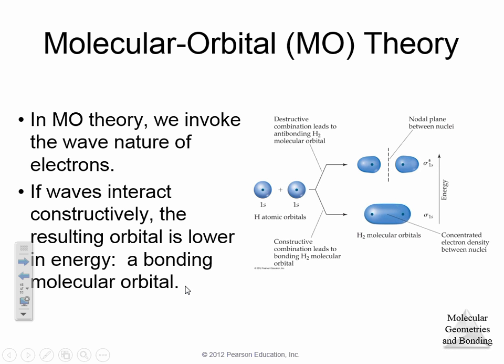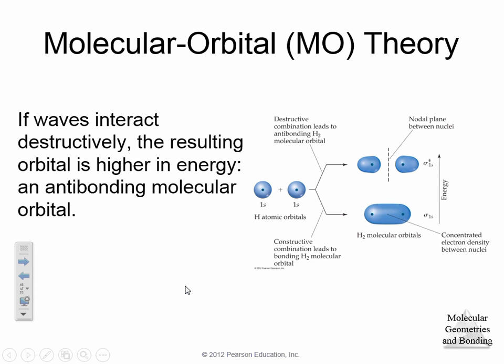So we're going to have orbitals that we say are either bonding or anti-bonding. Well, what the heck does that mean? You have two options that could happen when two atoms get together.